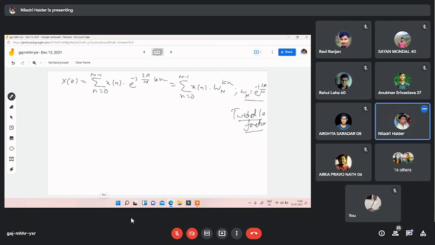Now, if we use that formula over xen and xon, so xn can be split into xen and xon, and overall Xk we can write like this: summation n equal to 0 to N by 2 minus 1 of xen, where in the place of n we are using 2n.